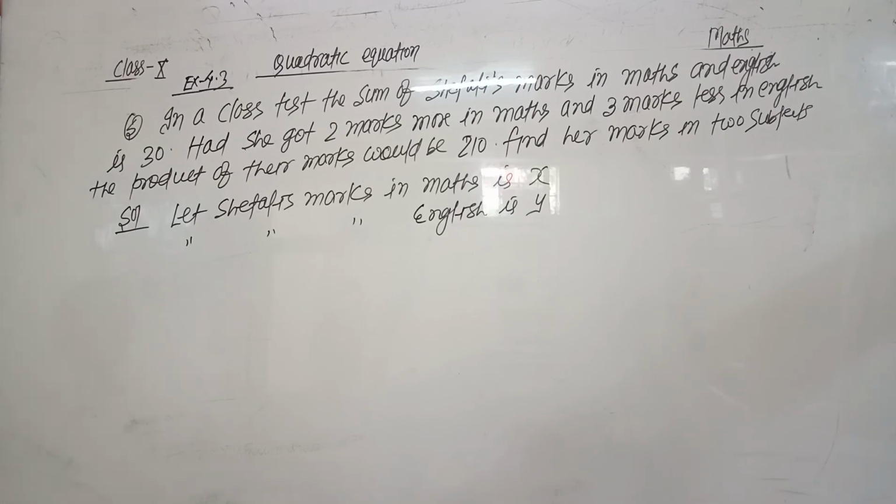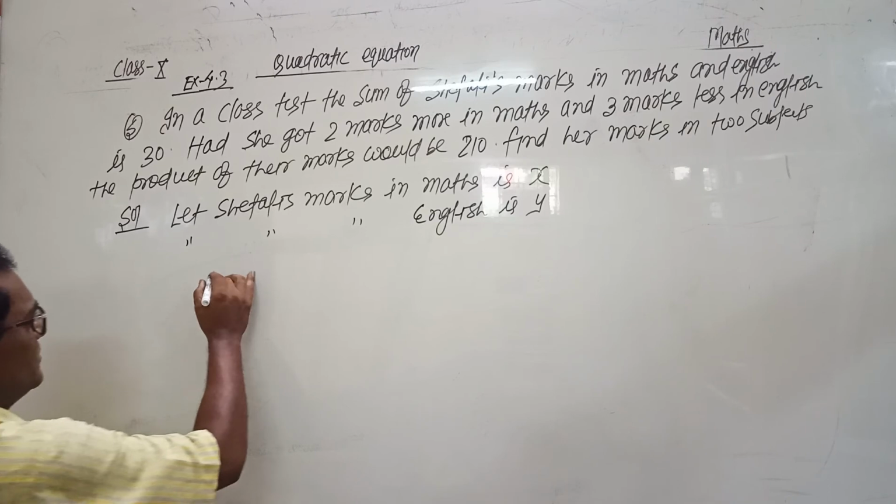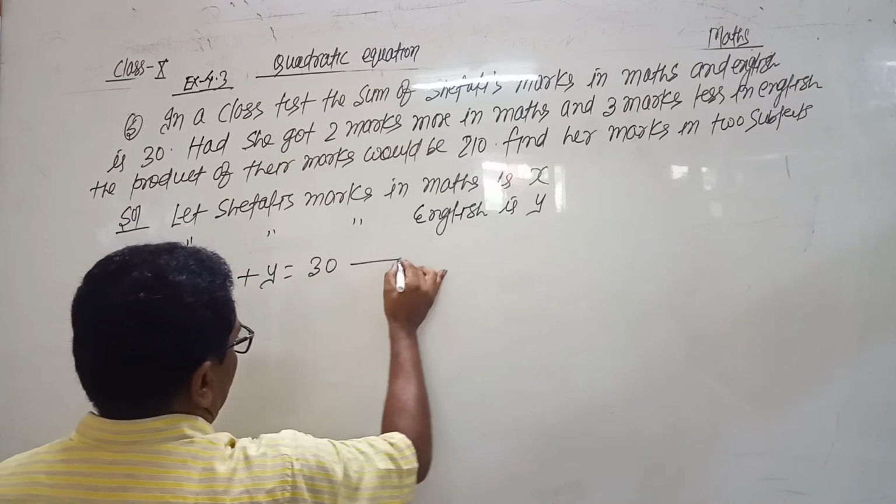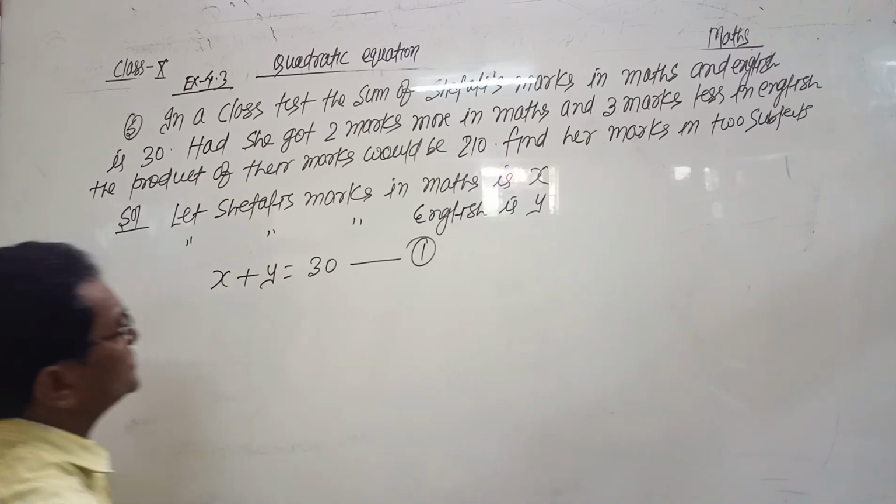In mathematics she got X marks and in English she got Y marks, and the sum of their marks is 30, means X plus Y equals to 30. This is the first equation.